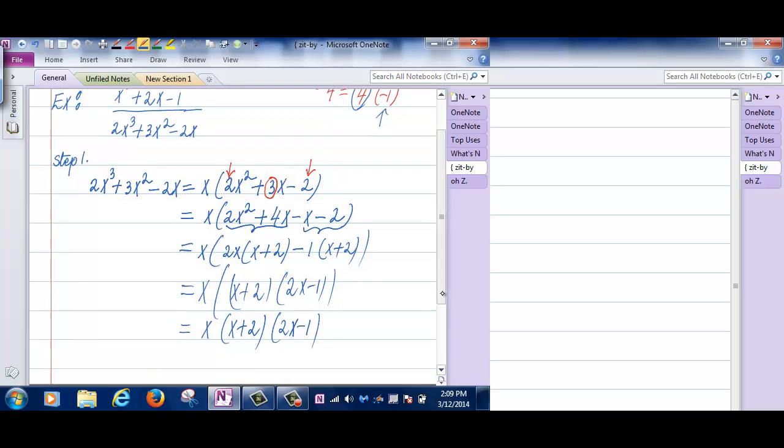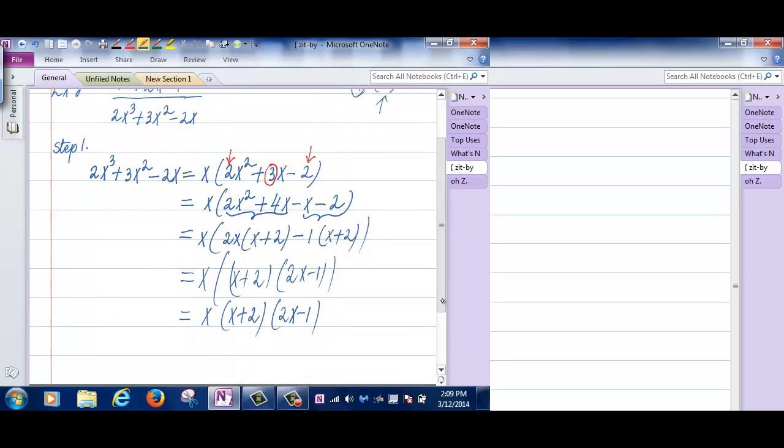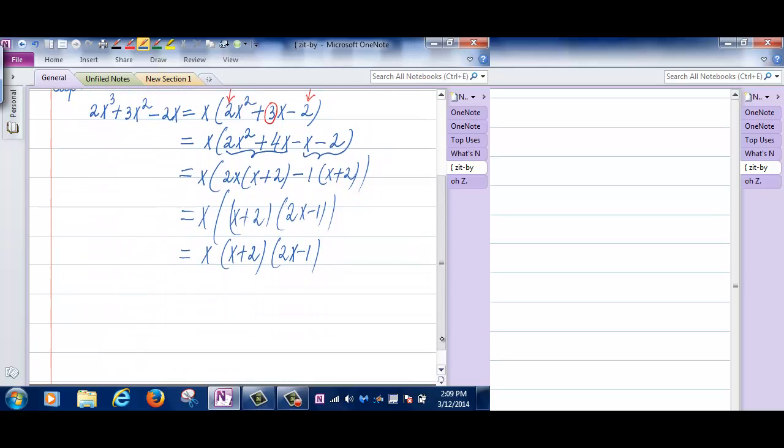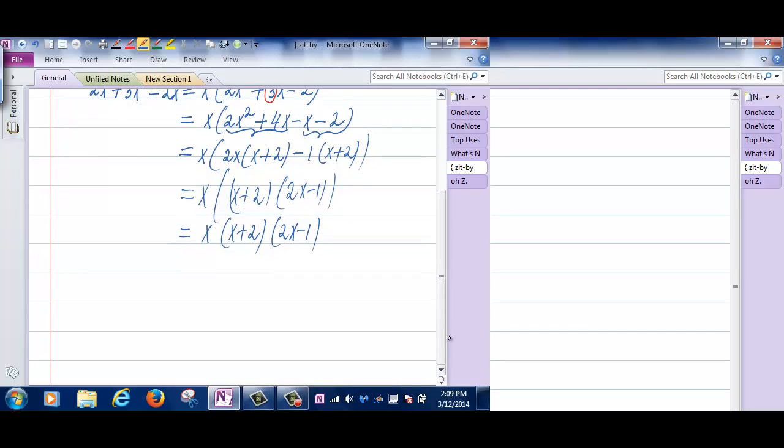So now I can rewrite the fraction as x squared plus 2x minus 1 divided by x times x plus 2 times 2x minus 1.